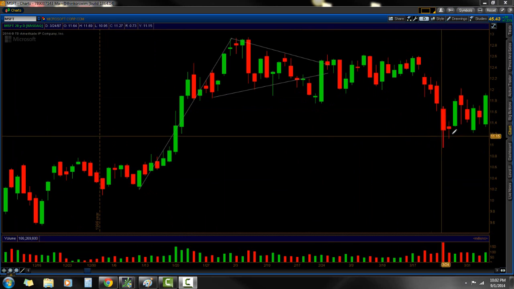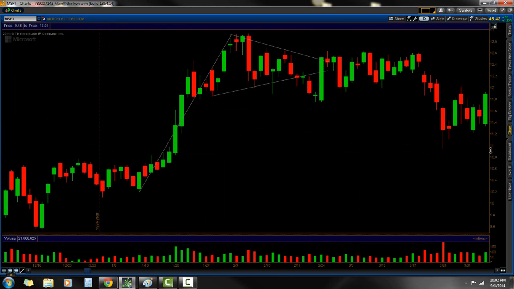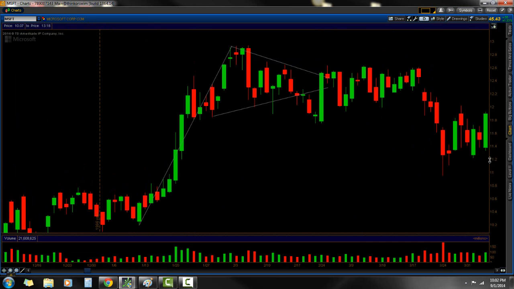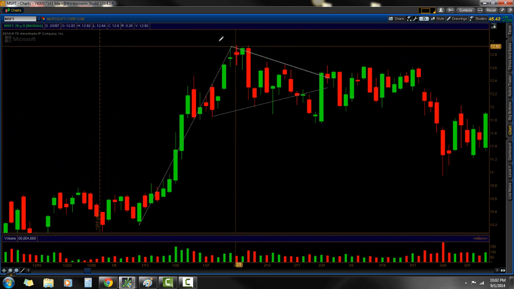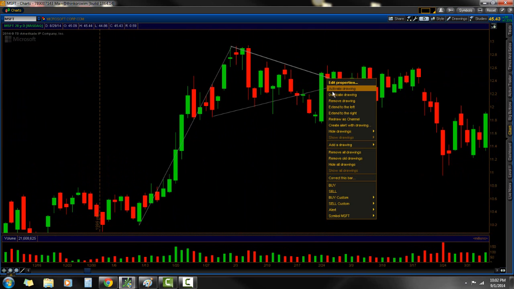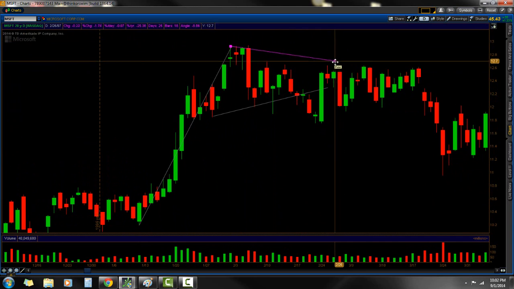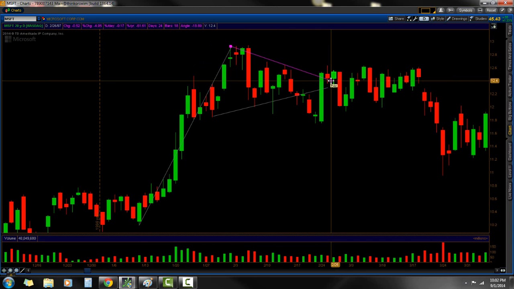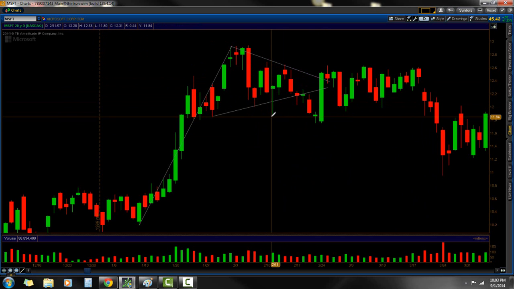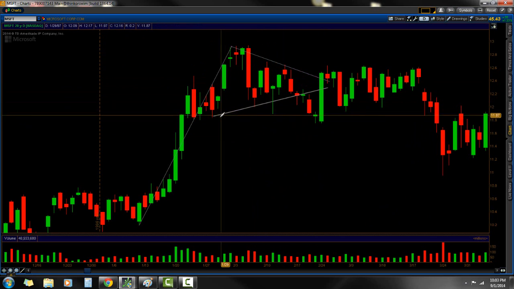Here's an example. It's not a great one, but it will work. It's a tad sloppy. Nice pull, right? Price action's hugging real good. And then I just drew this so you can see it, the lines might actually be a little different. But I just want you to see what a symmetrical triangle pennant would look like.